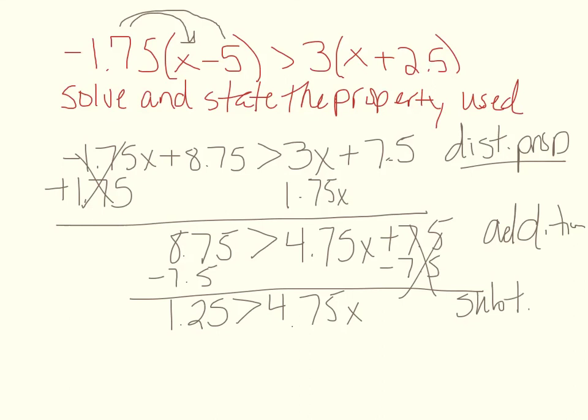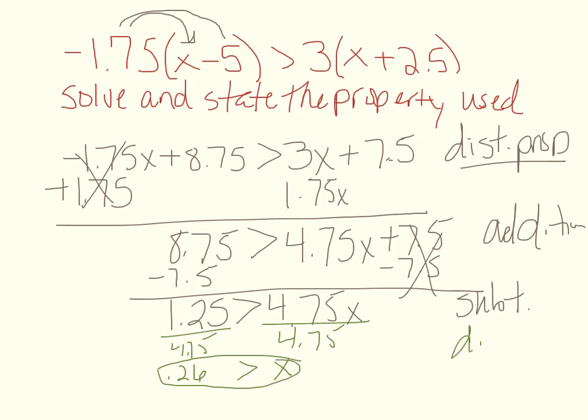And then my last one, I have to solve for x here, just like I've been doing, so I need to divide. Oops, forgot the 4.75. And bring down my inequality, and that is about 2.6. The property I used in that step is division.